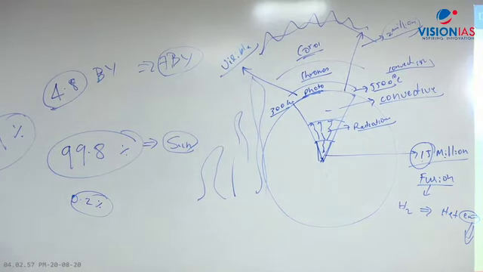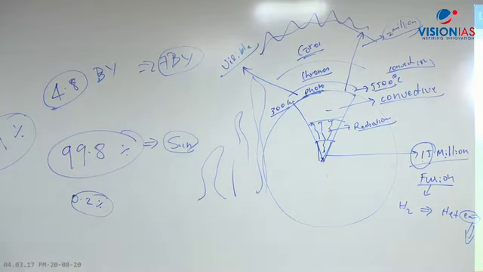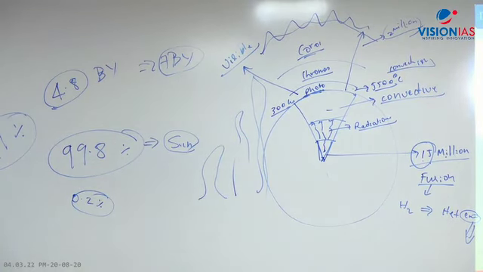Next point, it is the brightest layer and visible light originates from this layer. The temperature is 5500 degrees Celsius.